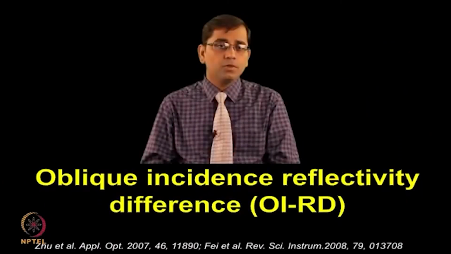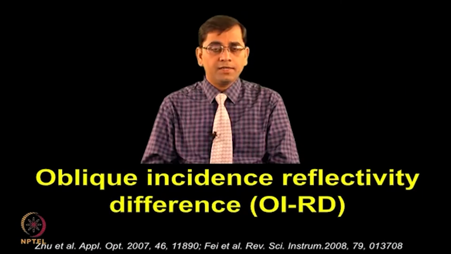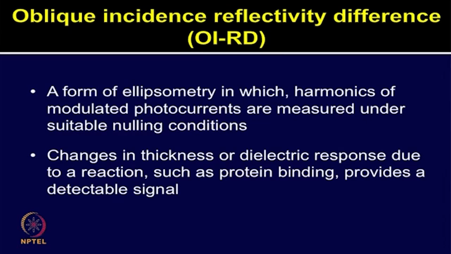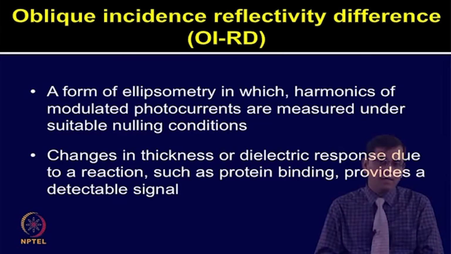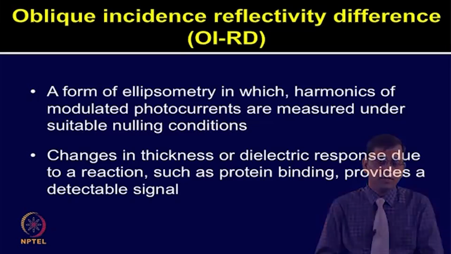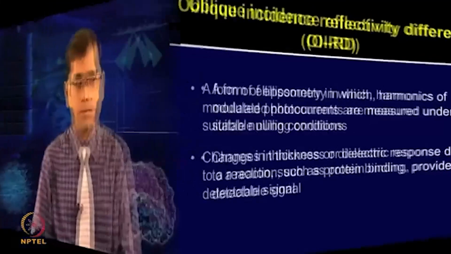Let us talk about oblique incidence reflectivity difference or OIRD. OIRD is a form of polarization modulated imaging ellipsometer in which the harmonics of modulated photocurrents are measured under suitable nulling conditions.